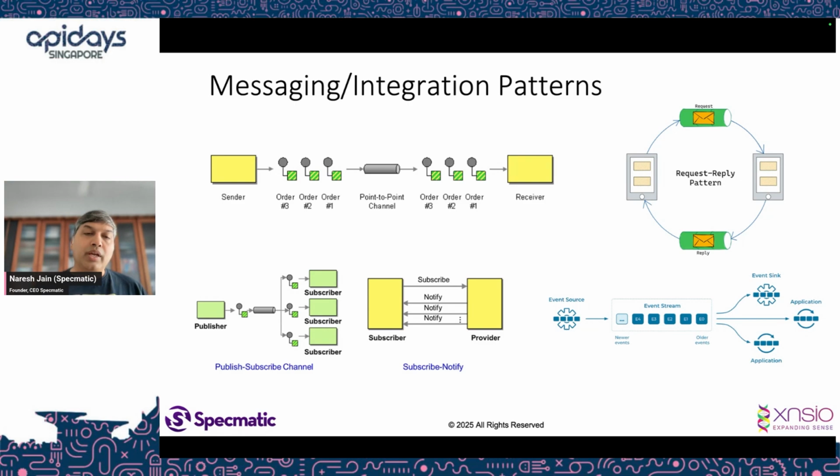Or you could be doing PubSub, where you're broadcasting a message to multiple consumers or multiple subscribers. Event streaming is another very popular one. Or you could just be doing a simple subscribe-notify kind of pattern as well. So there are many different patterns, and for a specific API, the pattern that you're using needs to be communicated clearly, and that is captured in your AsyncAPI specification.